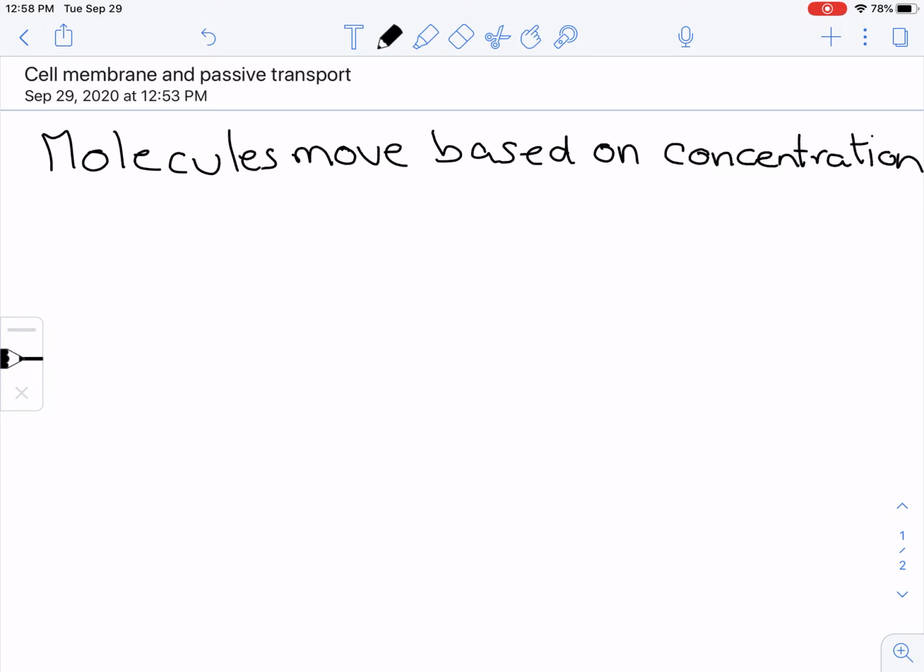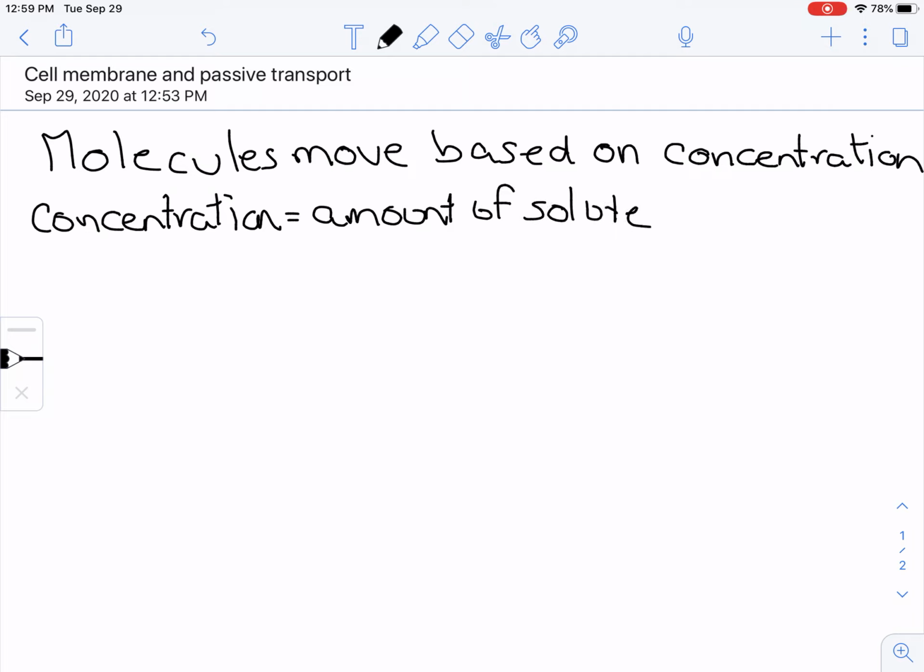We are going to talk about a couple of different scenarios of what concentration is and then apply it to the cell membrane. Scientifically speaking, concentration is basically focusing on the amount of solute in a location.